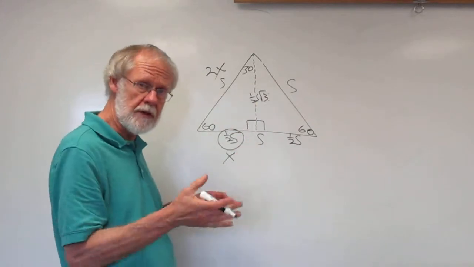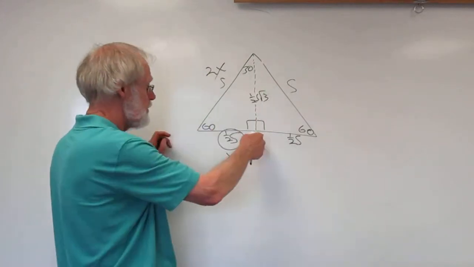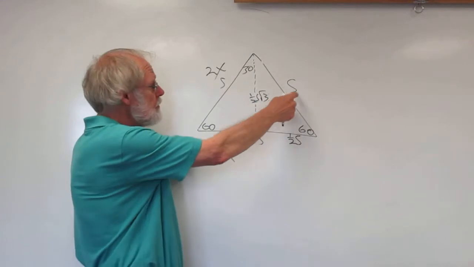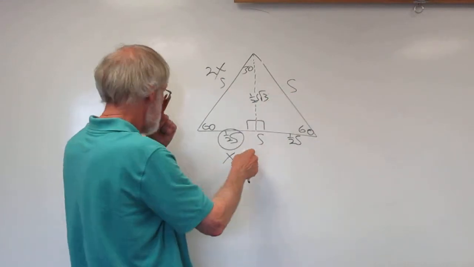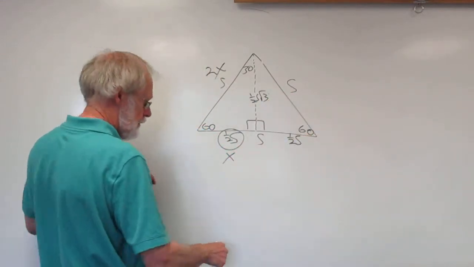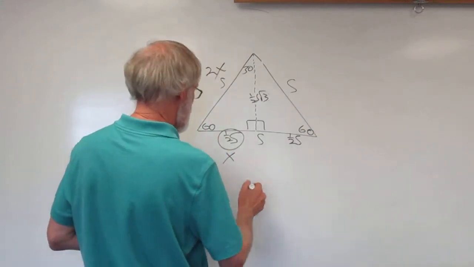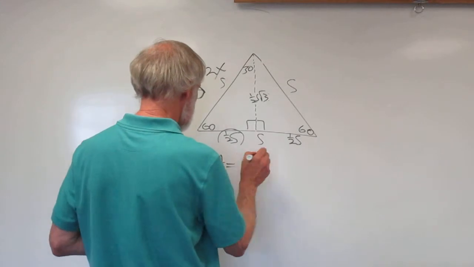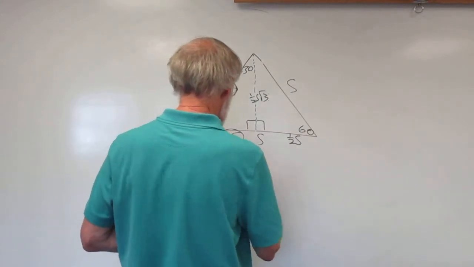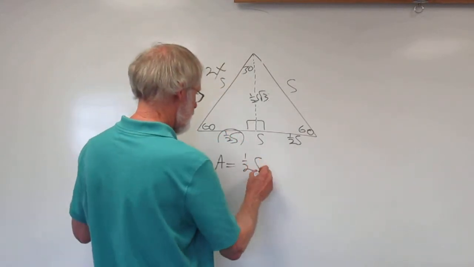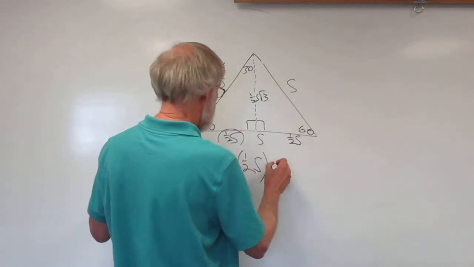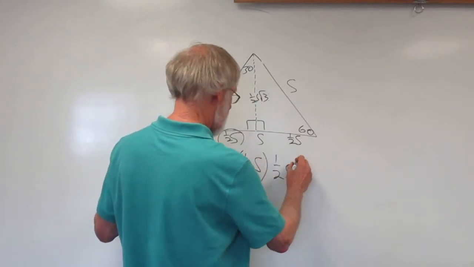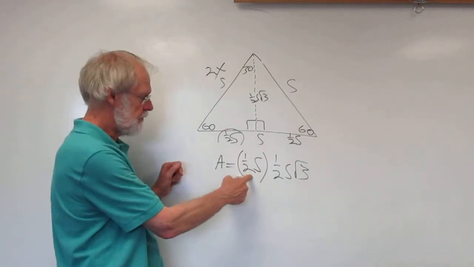Now notice that we can find the area, because we have an altitude labeled in terms of S, and we have the base. The area of this equilateral triangle is 1/2 the base times the height.